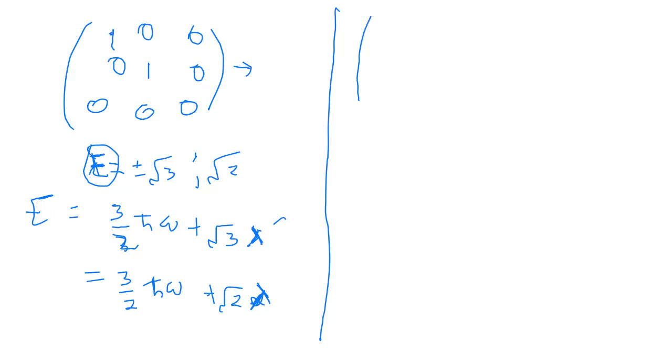Then the correction to the wave function, what you do is you know that it's going to be some linear combination of the unperturbed stuff. And these numbers you get by, once you diagonalize this matrix, you can read off what your eigenvectors are. So maybe one might be 1, 0, 0, 1.